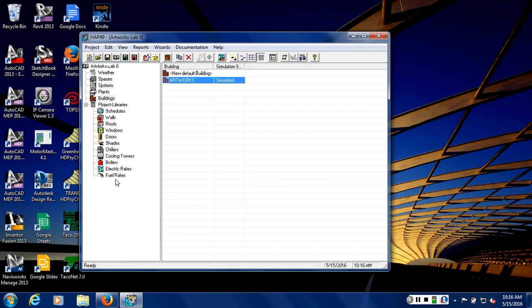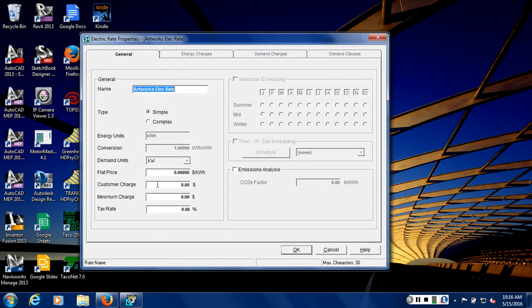If we leave this and go back, there's no utility rates. That's something that you're going to have to do in the lab. You're going to have to go back to the lab that you did last week, that utility lab, and you're going to have to enter a customer charge. There's no tax rate because they're tax exempt.